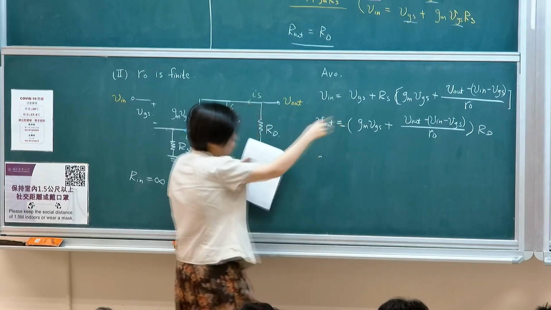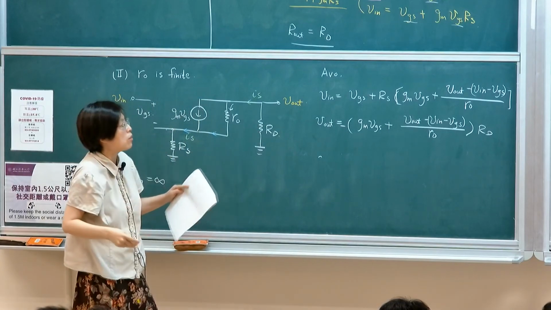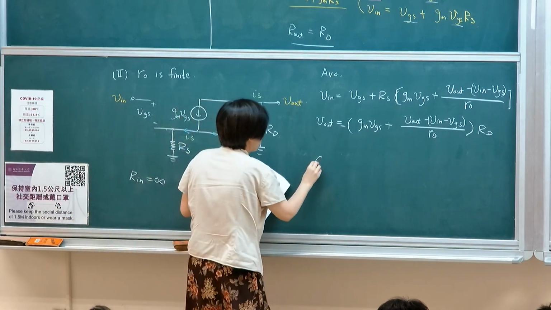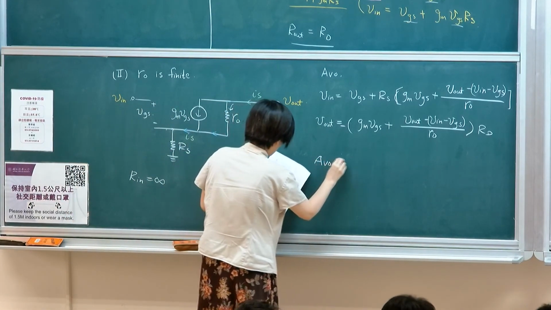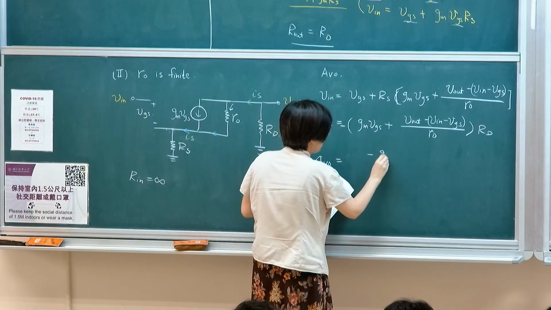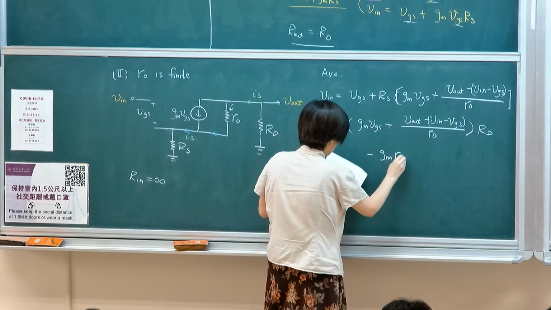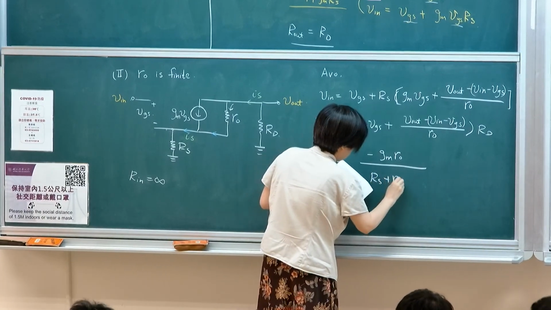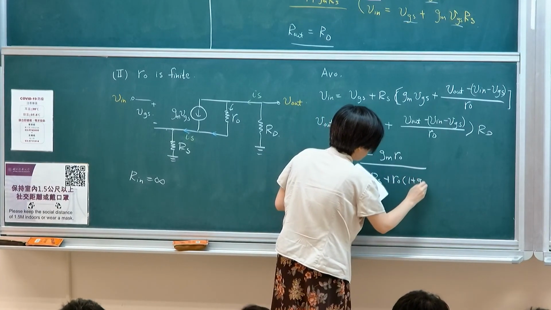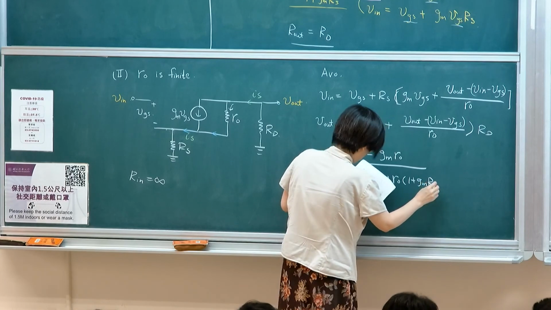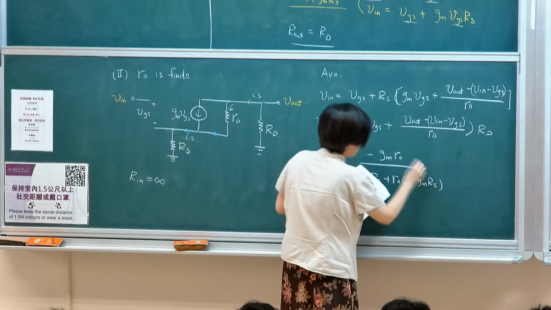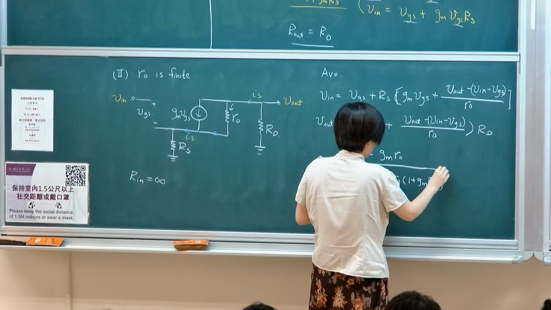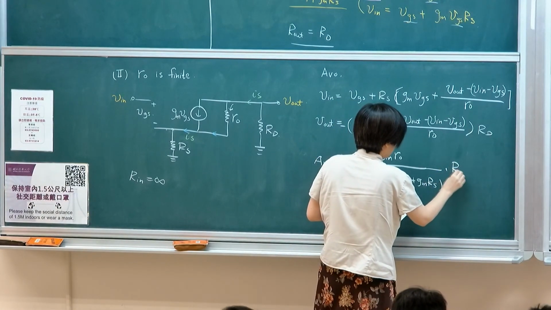you can do the manipulation and rearrange these parameters. The final output will be minus GM RO, RS, RO, 1 plus GM R, times RD.